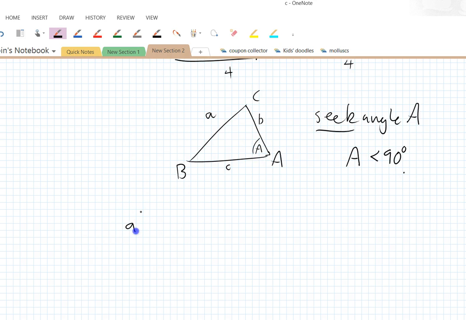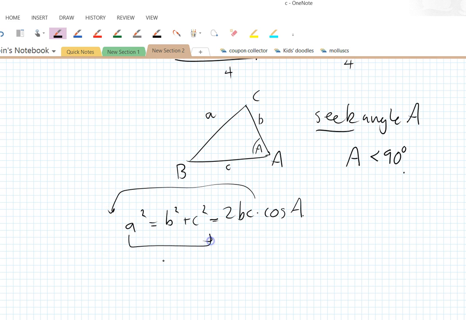Well, we write out the cosine rule. A squared equals B squared plus C squared minus 2BC times cos A. And then we bring this minus 2BC cos A over to that side of the equation, and I bring that over there as well.